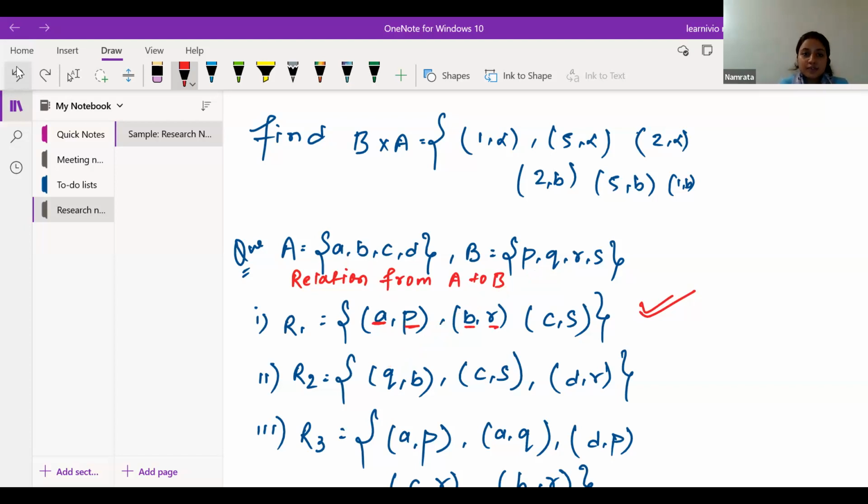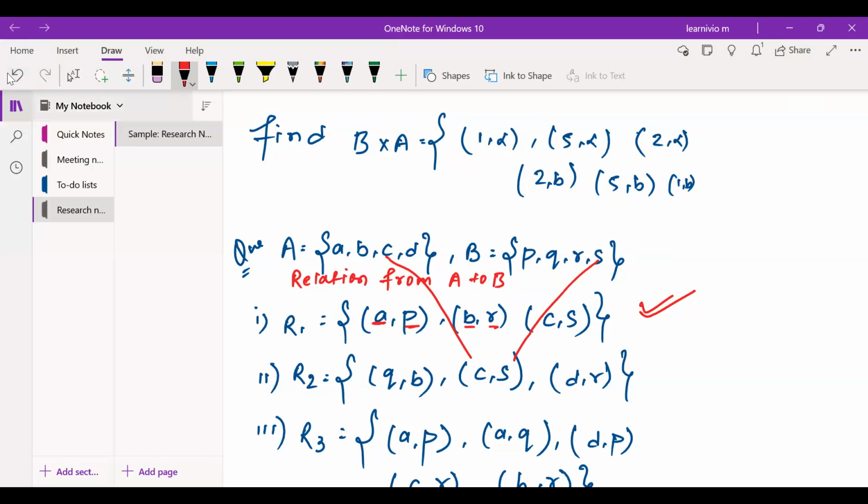C with S. Can you see the pattern? At first, it was element of B, then element of A. And now the second element in the same relation is element of A, then element of B. Can you see it? Yes, ma'am. Can it be a relation in such a haphazard form?